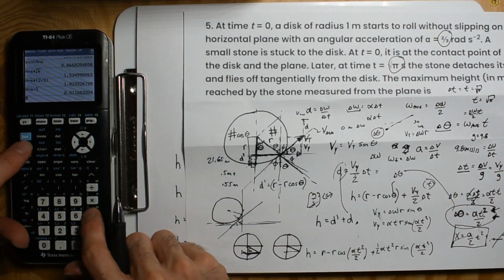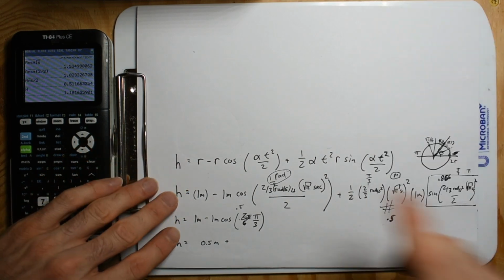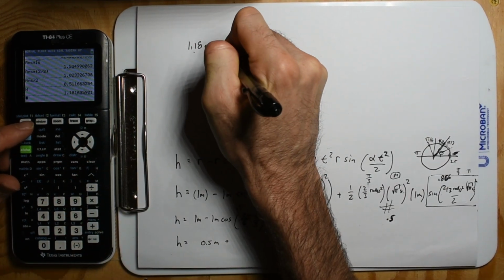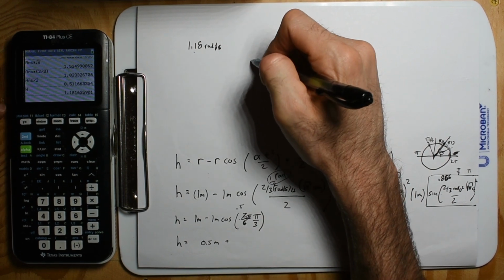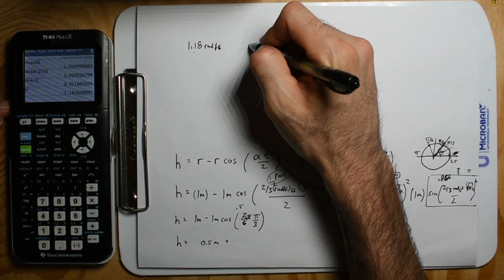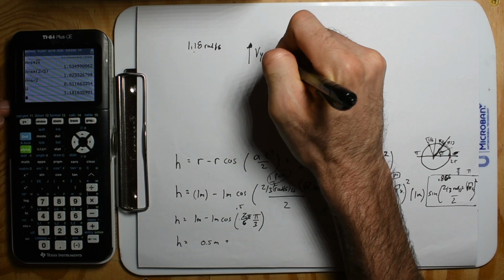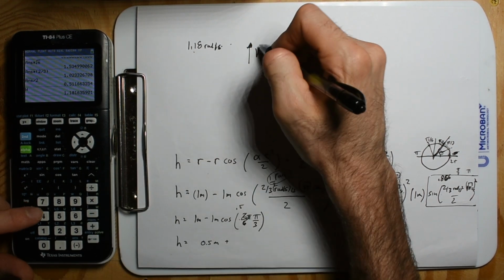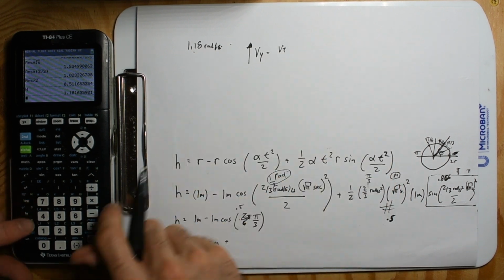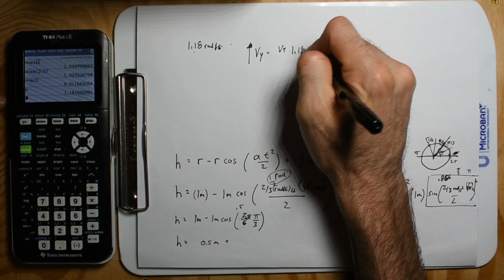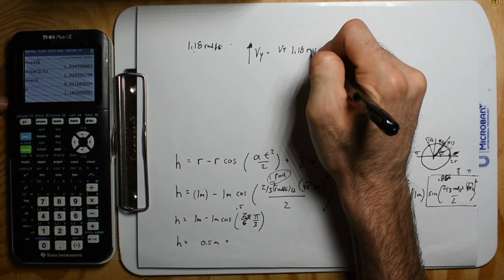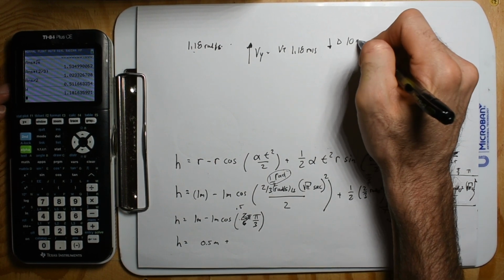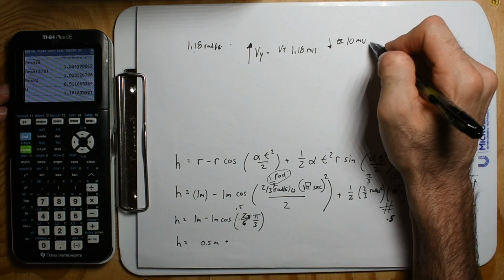Like our omega, I need to go back on that. So our omega was 1.18 radians per second, our max velocity. And we were just going to assume that was straight up. Velocity y was 1.18 radians per second. Radians times radius is the velocity tangential, and that's going to be 1.18 meters per second. Now gravity is going to affect this by 10 meters per second every second.